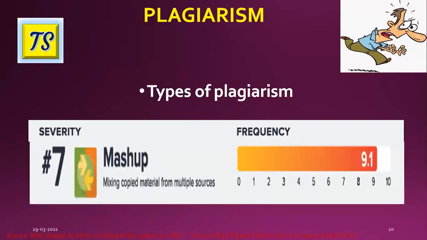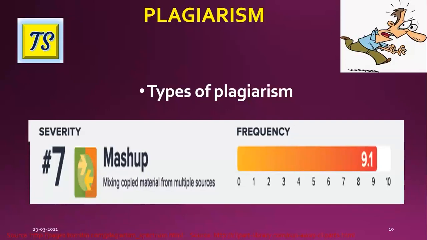This is the 7th type. It is called smash-up plagiarism. See the frequency, 9.1. Mixing copied material from multiple sources. Various sources we access online, whether dictionaries or books or journals or YouTube or blogs, any networks.